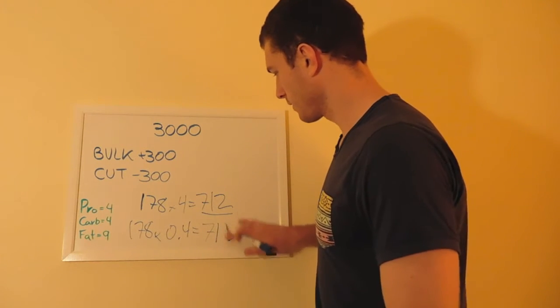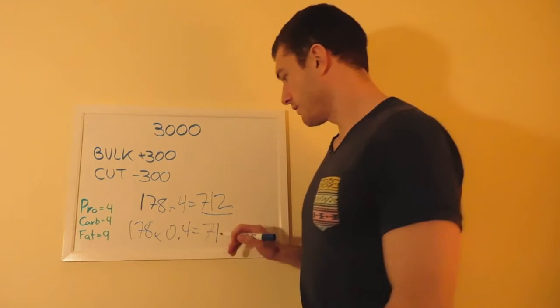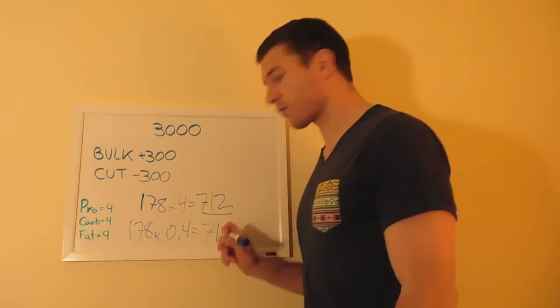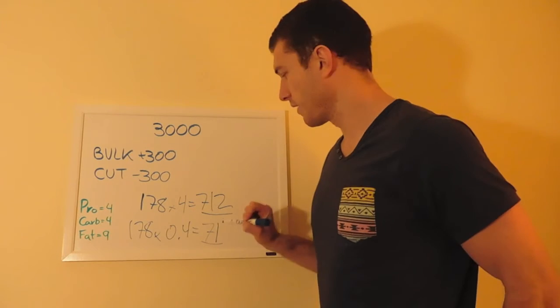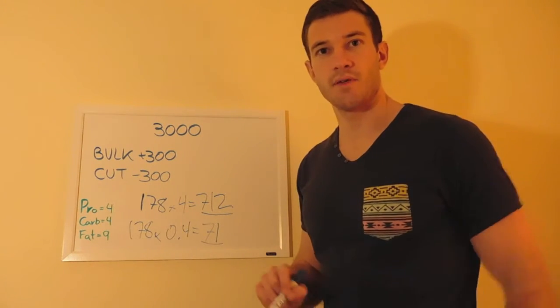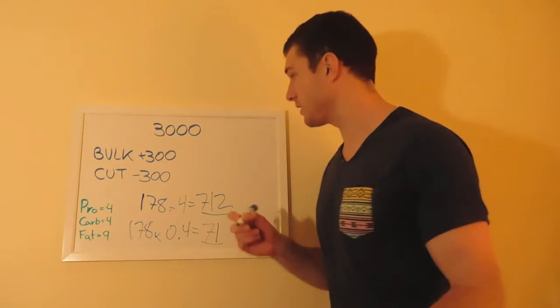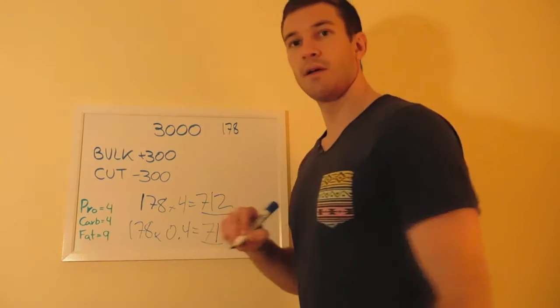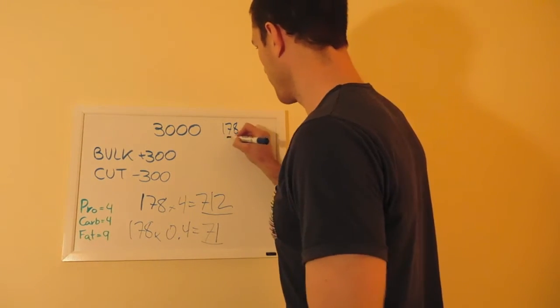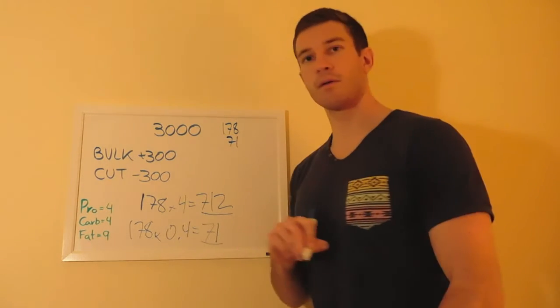This is the amount of grams of fat that I'm going to eat per day, so 71 grams of fat. So we already have our protein and our fat. We're getting 178 grams of protein a day, and we're getting 71 grams of fat.